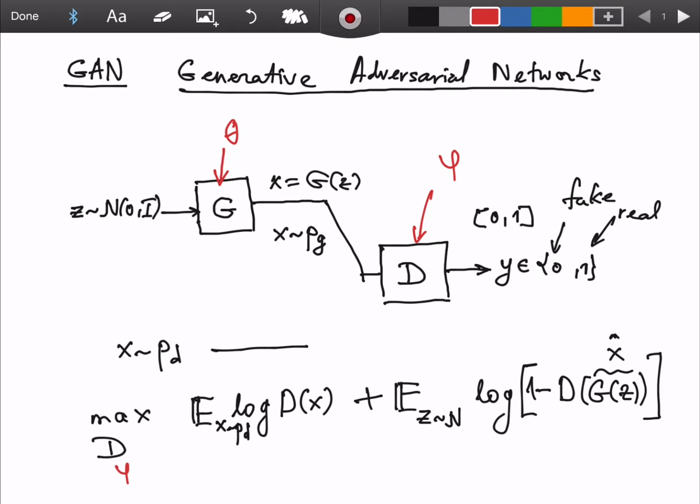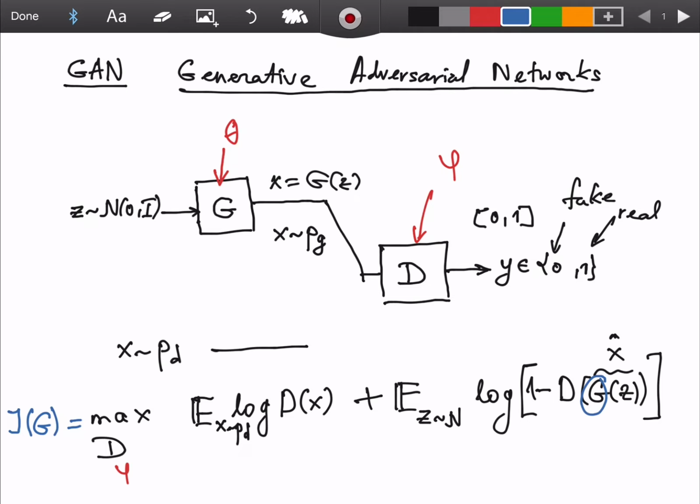Of course, you see it depends on g, right? So let's call this maximum value J of g. So you give me a generator g, and I will give it a score. This score tells me how well I'm doing.